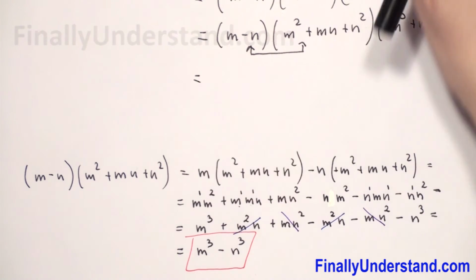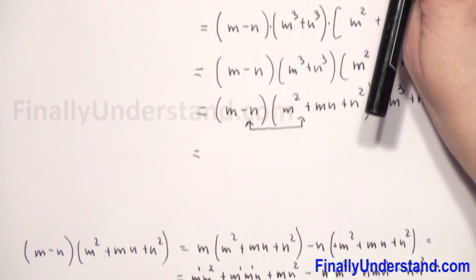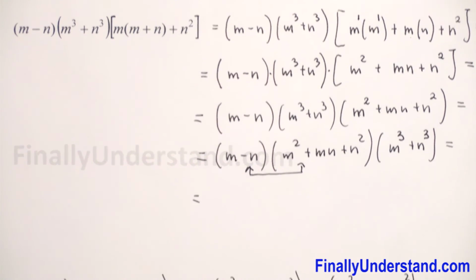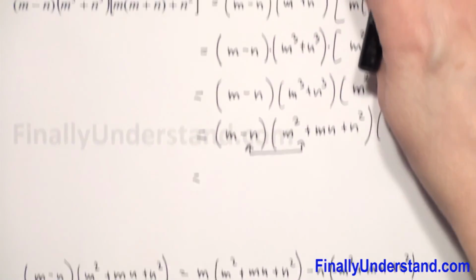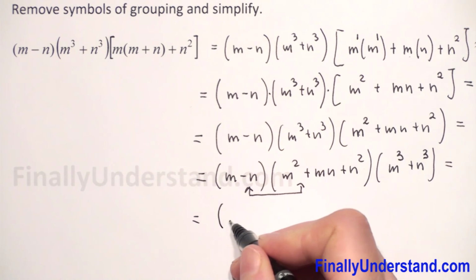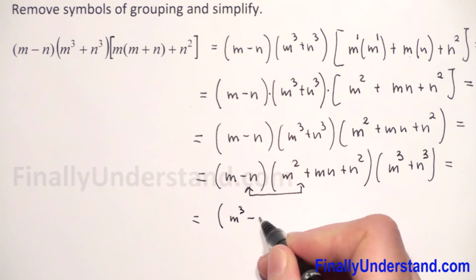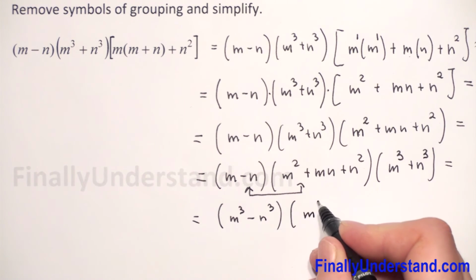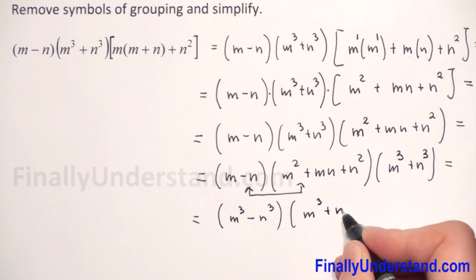So let me come back to our example. I did this multiplication already here, so now I can write instead of two parentheses only m cube minus n cube, and in the second parenthesis we have m cube plus n cube.